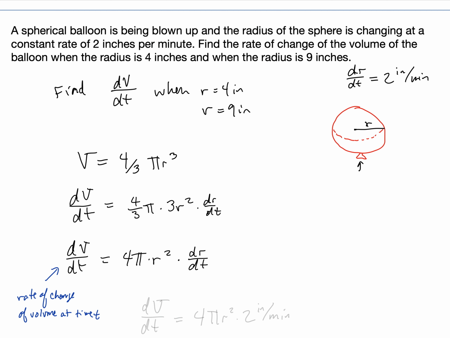We were told that dr/dt was a constant. We were told that this radius was changing at a constant rate of 2 inches per minute. So dV/dt is equal to 4 pi r squared times 2 inches per minute. And so we were asked to find dV/dt at two specific points.